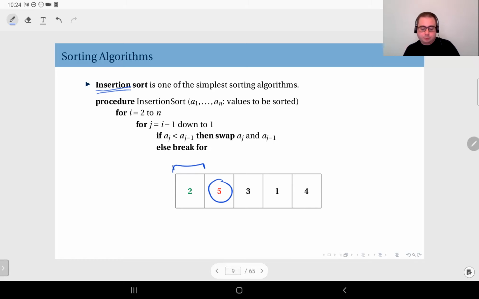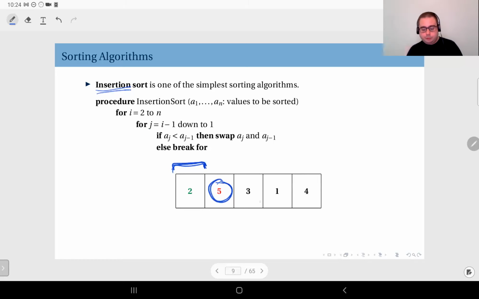The first position, since it's by itself, just one value, is assumed to be ordered. So this is the ordered portion. And the next value, 5 in this example, is going to be inserted into the ordered portion in the correct position.